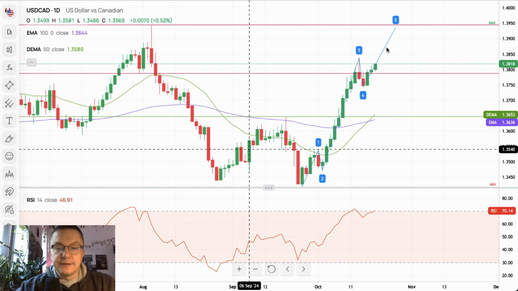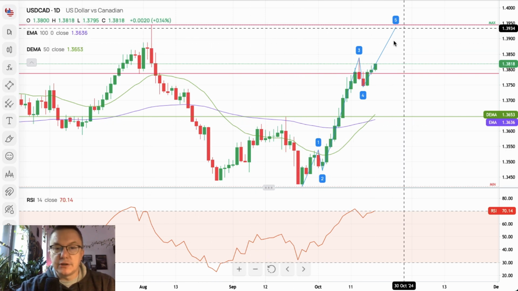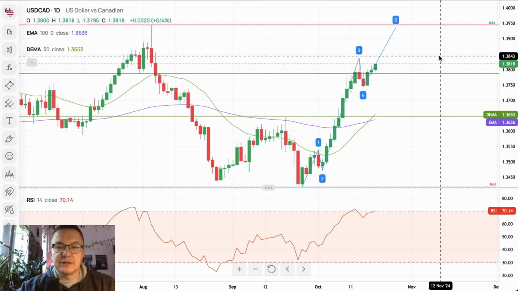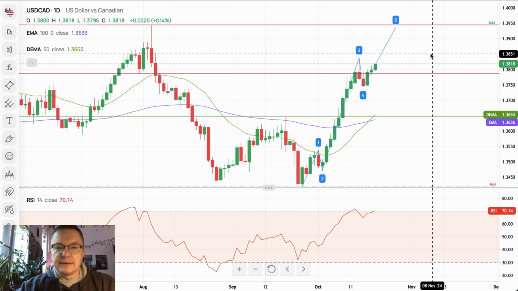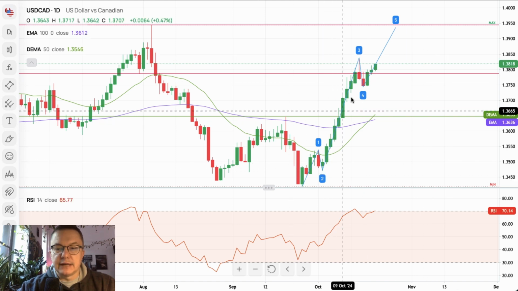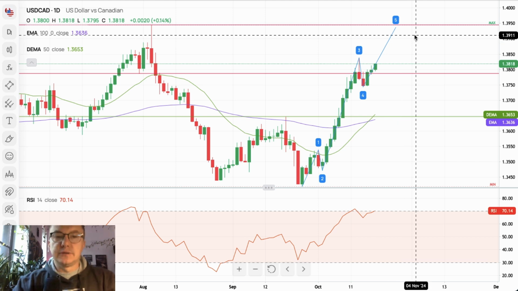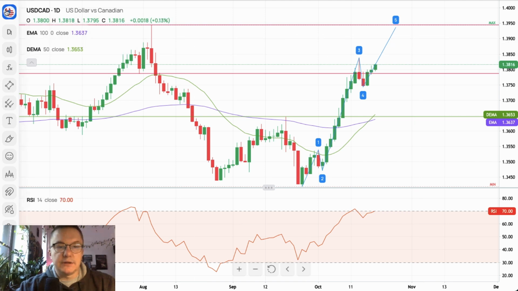So a big W formation, a W price pattern on the US dollar to the Canadian dollar, is basically the reversal pattern, and we might see really strong upside movement soon on the US dollar to the Canadian dollar, because right now we are surging almost vertically to the upside, and there is no sign of trend reversal or trend termination. Upward we should go.